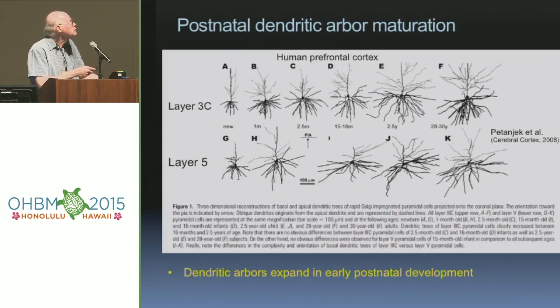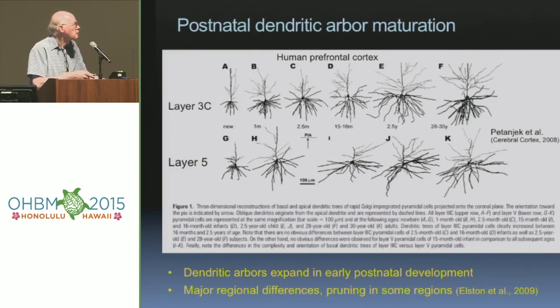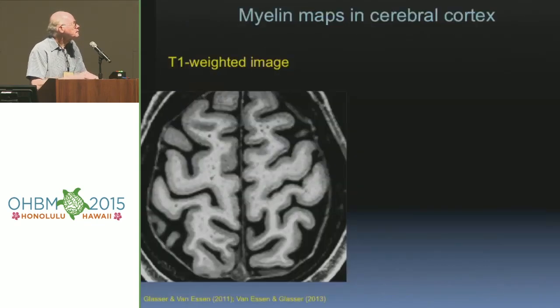So if we look at superficial cells or deep layer cells at different ages, from a newborn to adulthood, studies by Guy Elston et al. in multiple studies have shown that in prefrontal cortex in particular, there's a massive elaboration of dendritic arbors that occurs postnatally, and it occurs in a regionally non-uniform way.